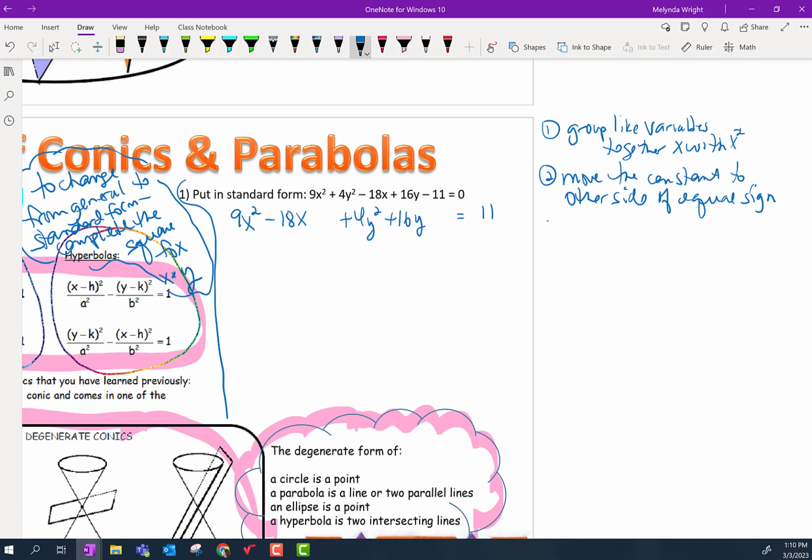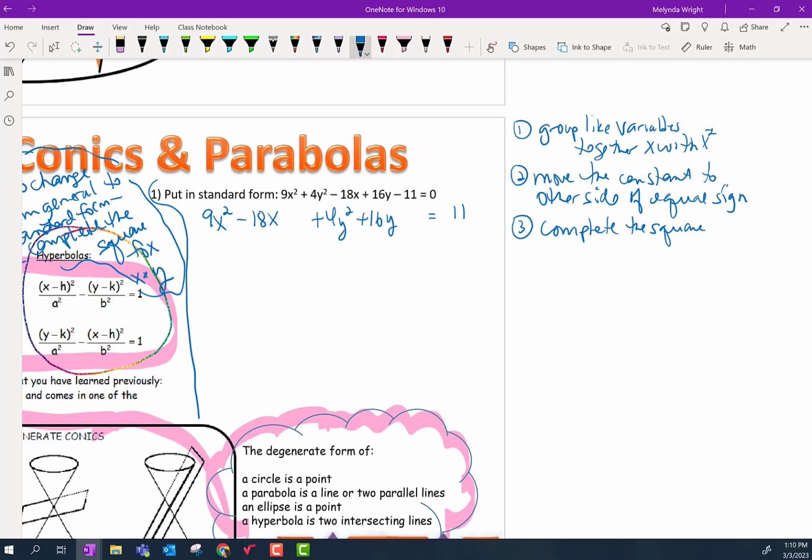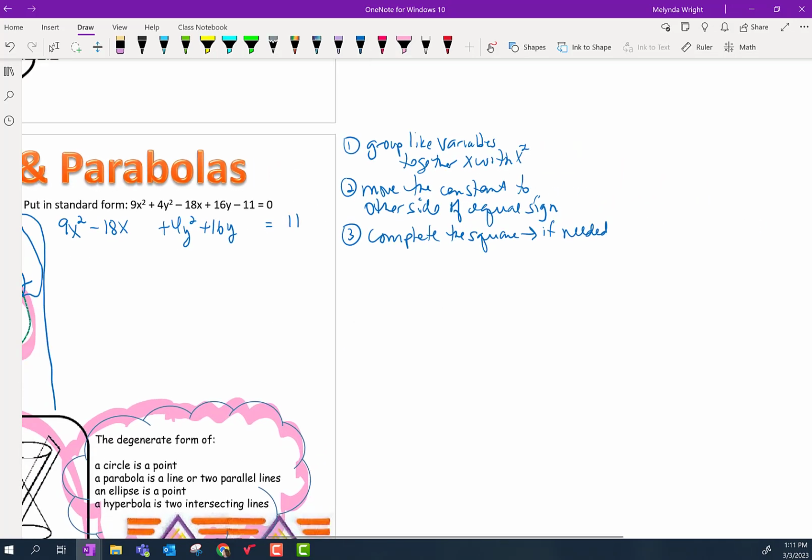Step 3, complete the square, if needed. Now, if you've got 2 terms, you need to. The only time, let me be more specific because I don't want you to be confused.